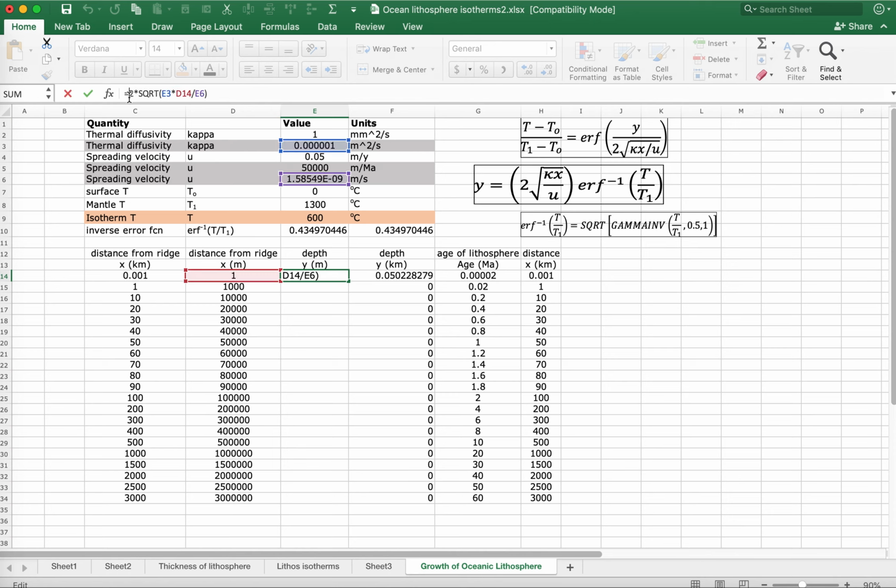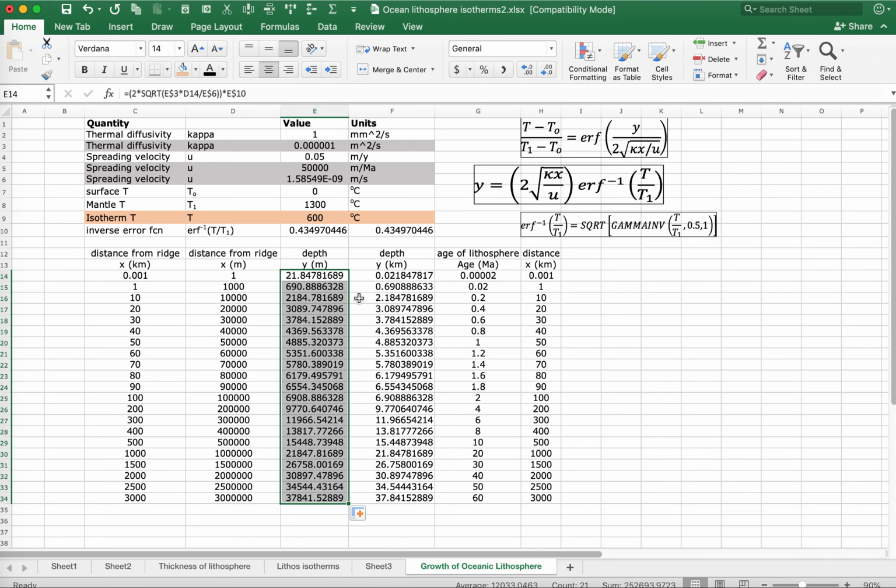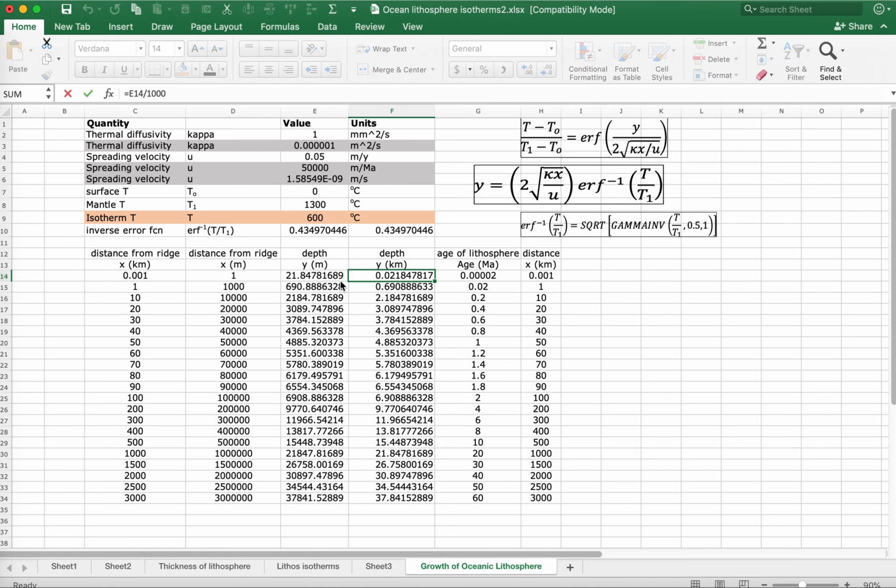Now let's surround it by parentheses and then multiply the whole thing by our error function. And everything in rows 10 and lower, we want to hold constant. So we'll put a dollar sign in front of all the rows that are less than 10, and then we fill down, and now we have depth in meters. Or perhaps more conveniently, over here, I've already set it up before we started, this simply takes that value and divides it by 1,000, so we convert depth to kilometers.